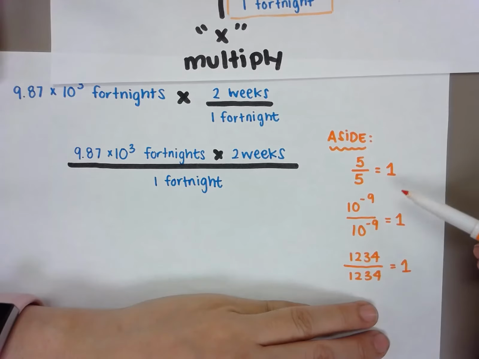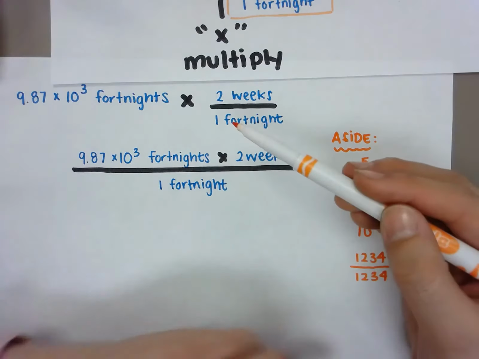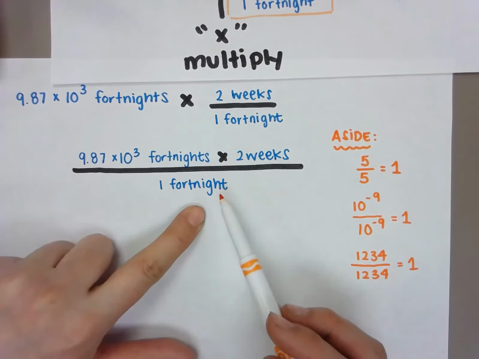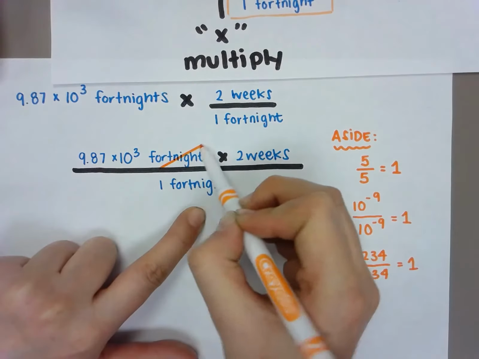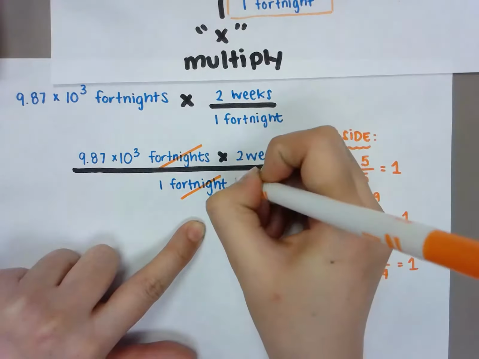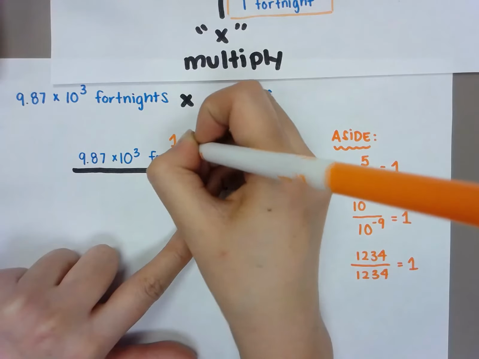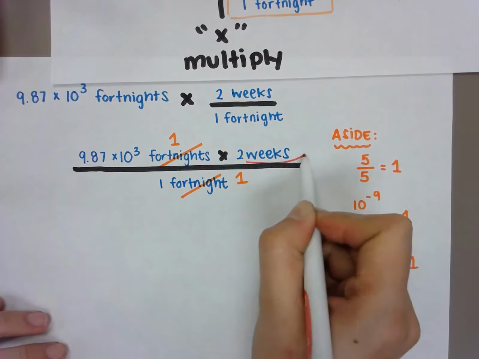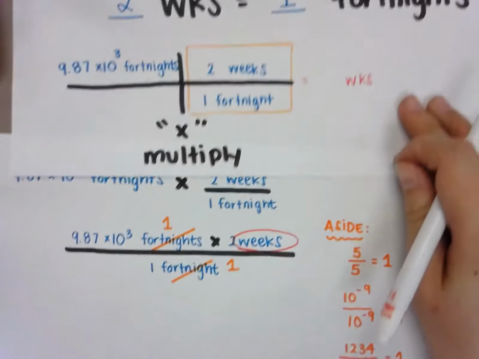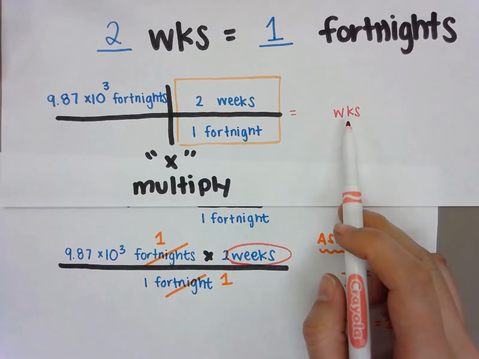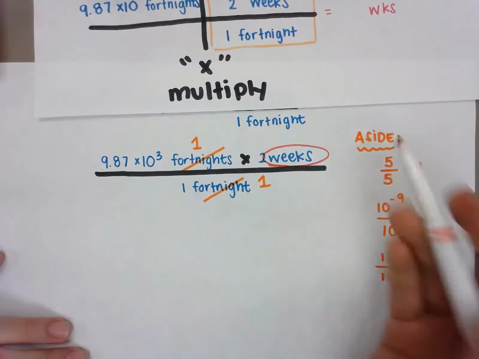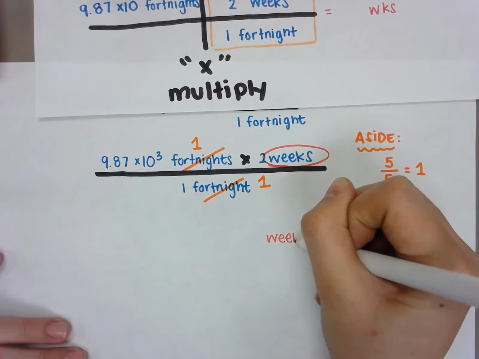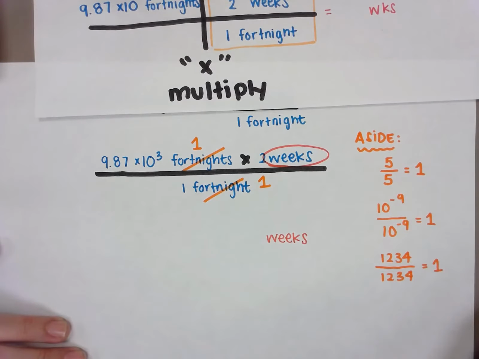So when we take this principle and apply it to our units, a fortnight divided by a fortnight is just 1. Now we have our unit canceled, and what we're left with, ladies and gentlemen, is the unit of weeks, which is what we were looking for up here. And all that's left to do is the math.